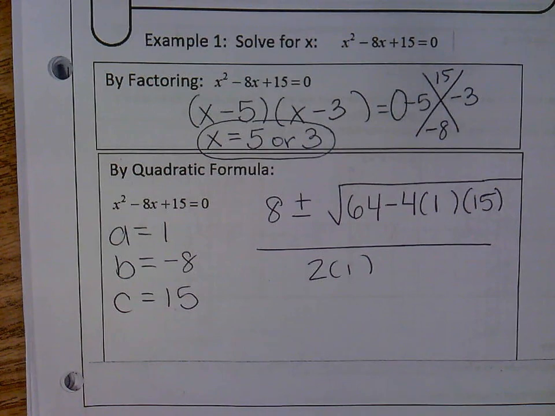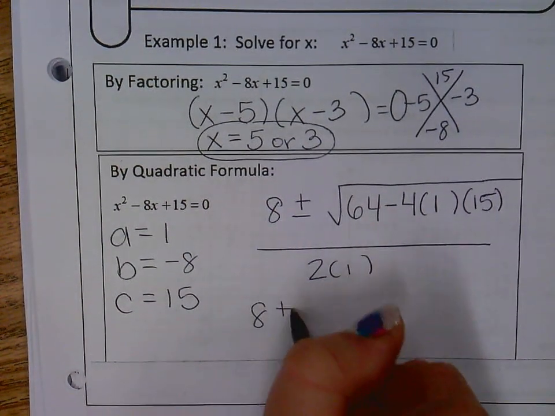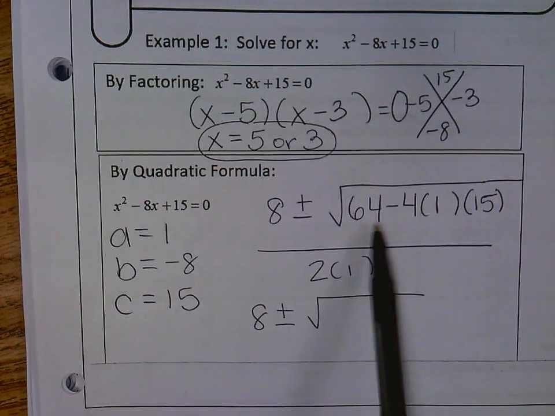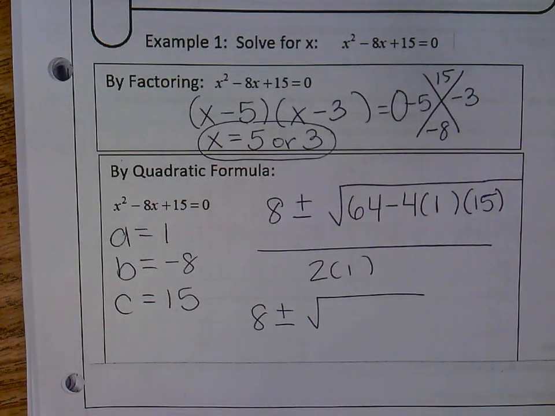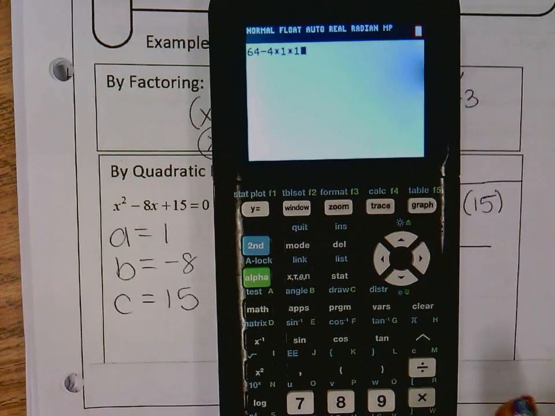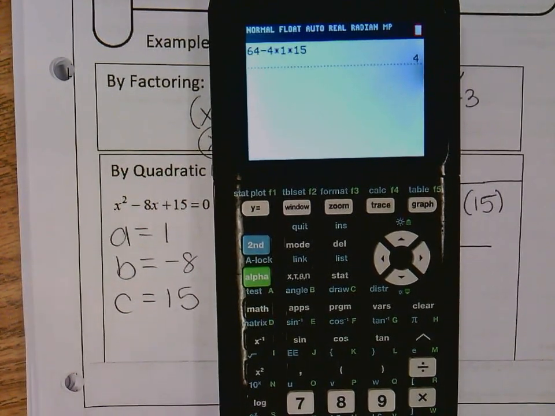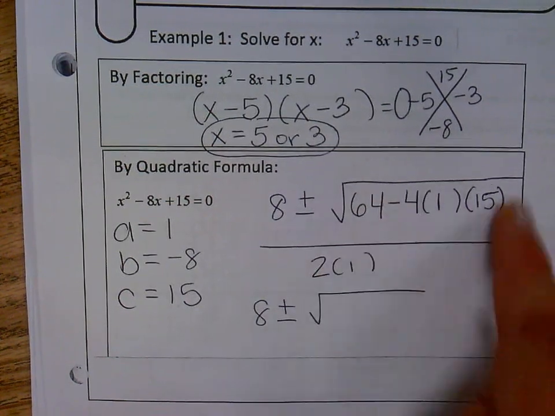Yep, so then let's simplify this. So 8 plus or minus, what number is under the square root? If you don't know in your head, you can type 64 minus 4 times 1 times 15 on your calculator. Under the square root, 64 minus 60 is just 4.